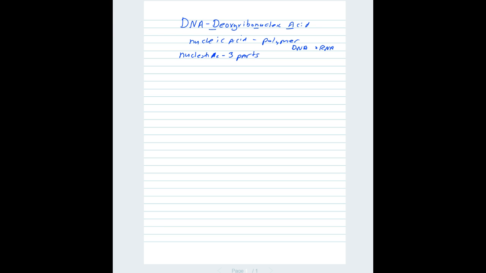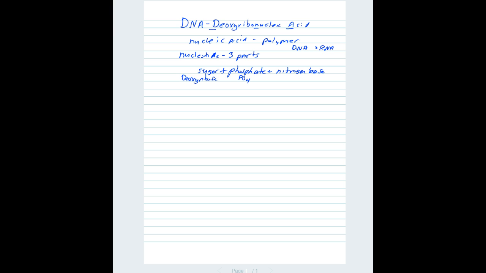These three parts are called a sugar, a phosphate, and what we call a nitrogen base. The sugar is called deoxyribose. The phosphate group is simply a collection of one phosphorus atom and four hydrogen atoms.